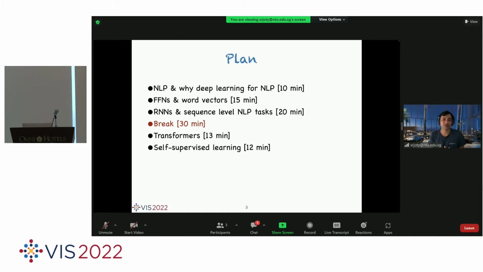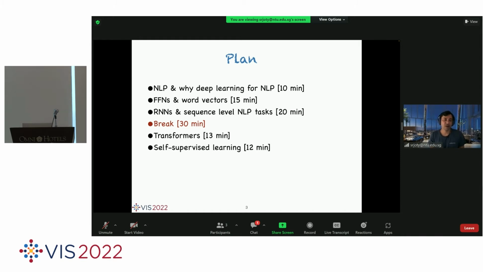So this is how this section is going to pan out. First, I'm going to talk about NLP, what is NLP, and why deep learning for NLP now. And then we are going to see some basic deep learning architecture in the form of feed-forward neural networks, and how we can use this to get word meanings or word vectors.